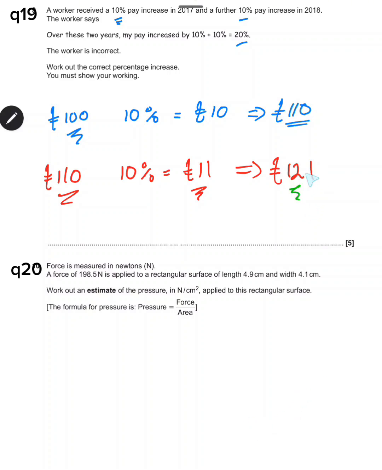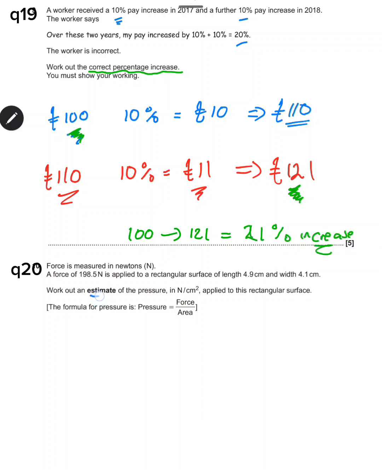This here is showing that you have not gone up by 20%, because 20% of 100 is 20. So we should finish at 120, and instead we finish at 121. It does say what's the correct percentage increase. Well, because we chose £100 and we finished at 121, we've gone from 100 to 121, which is a 21% increase.